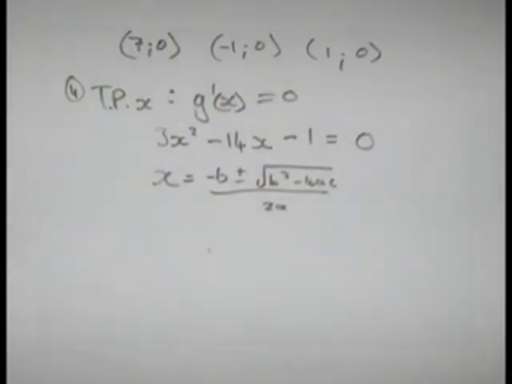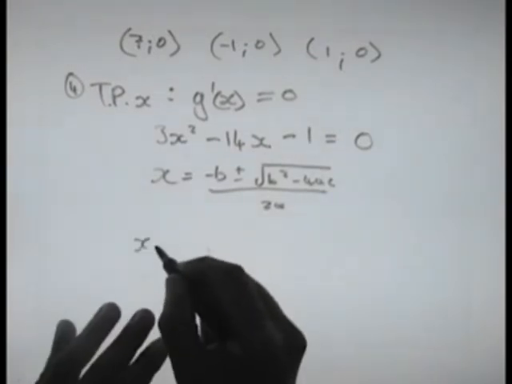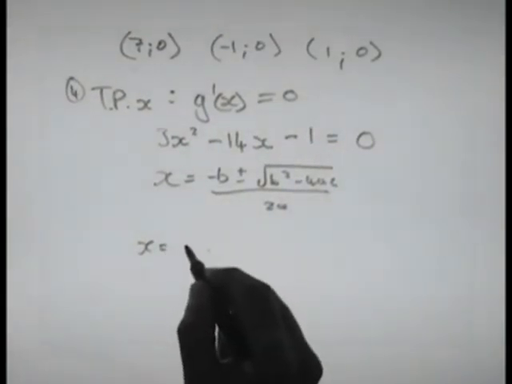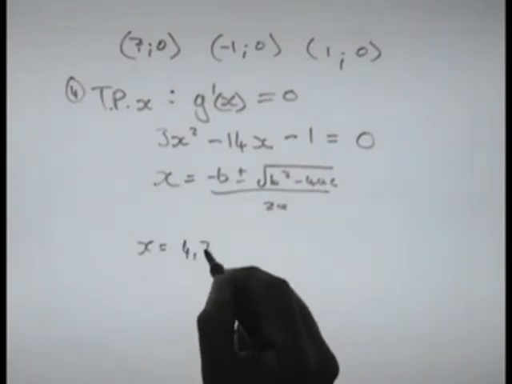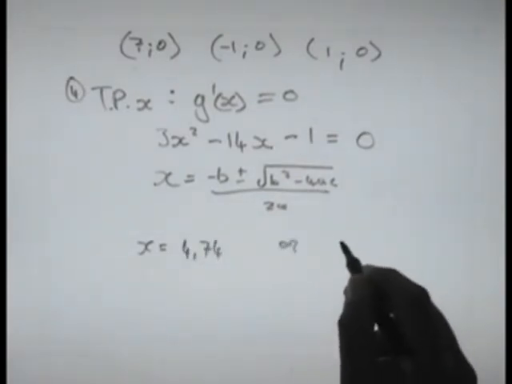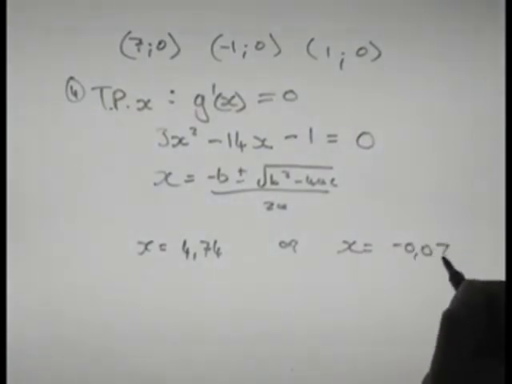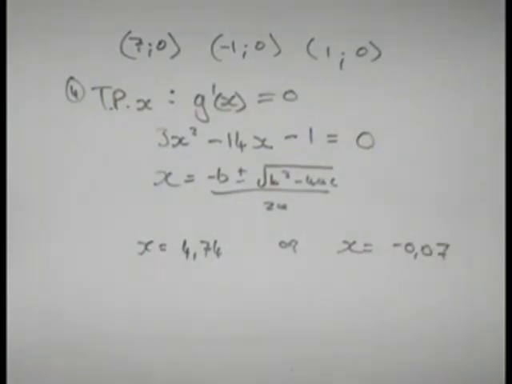That means that your two x values are going to be given by x is equal to 4.74 or x is equal to negative 0.07. Remember again, this is only our x values.